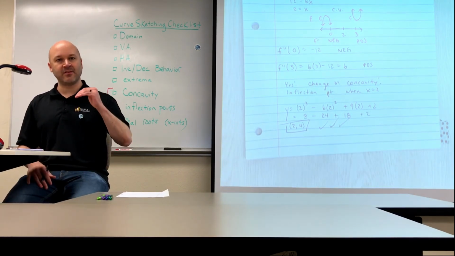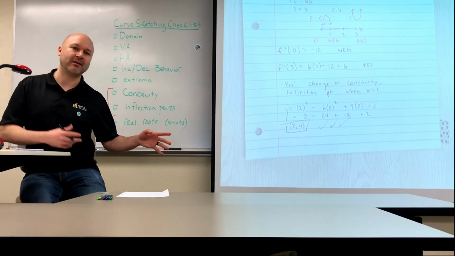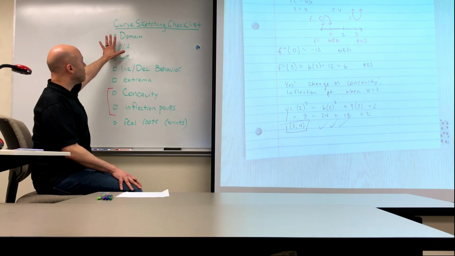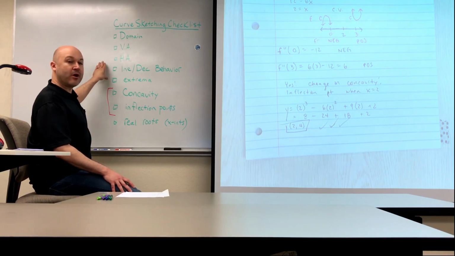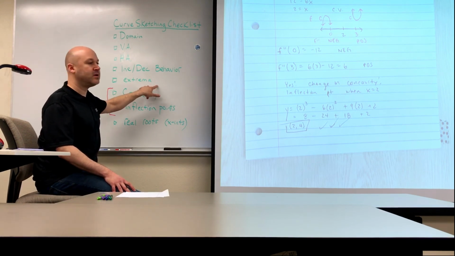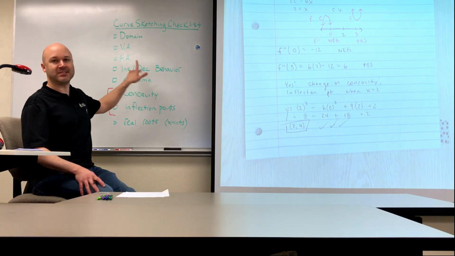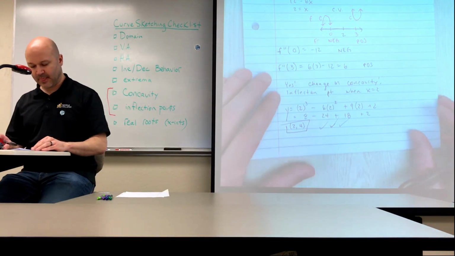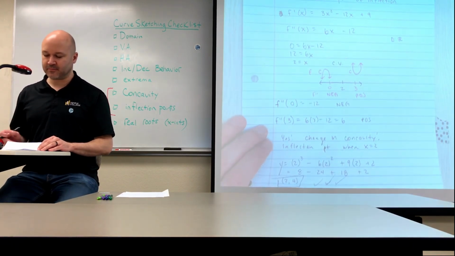So as I'm graphing the original function, I can add that to my list. I've already talked about domain, asymptotes, where it's increasing and decreasing, plotted those points, and now I want to know, well, where does the concavity change? What happens at (2, 4)? Perfect.